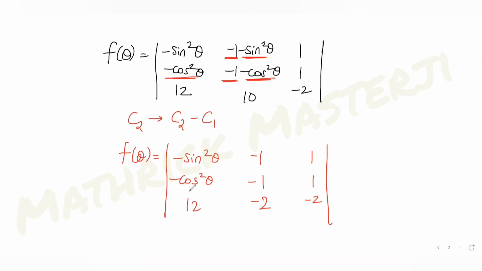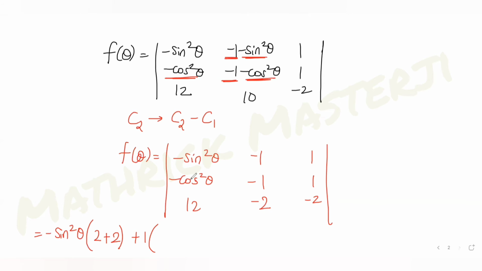Now, once we have this simplified, only the first column has sin²θ and cos²θ. So let's expand the determinant. You get −sin²θ times: −1 into −2, which is 2, minus −2 into 1, which is −2, so 2 plus 2. Then plus 1, because minus of −1 gives plus 1.